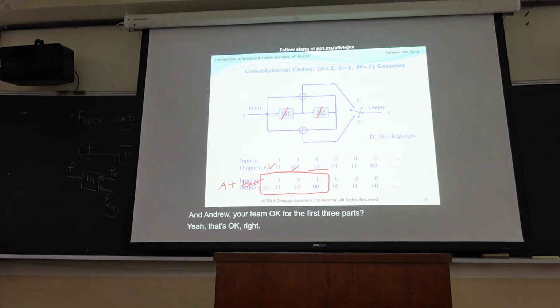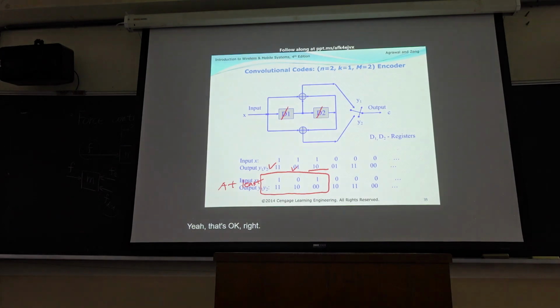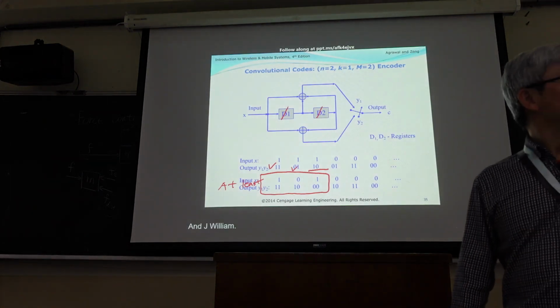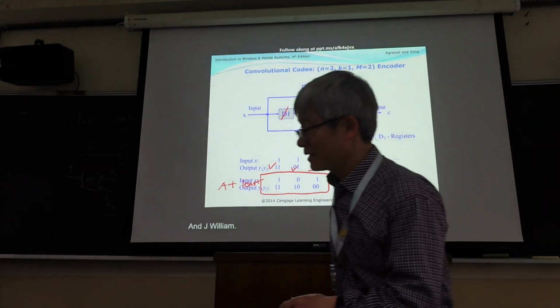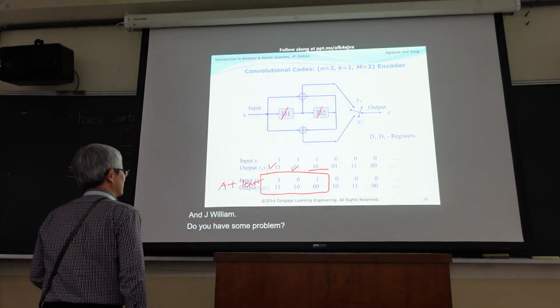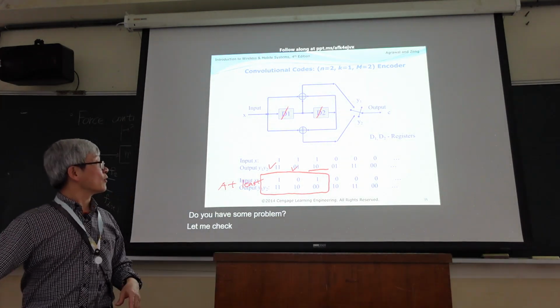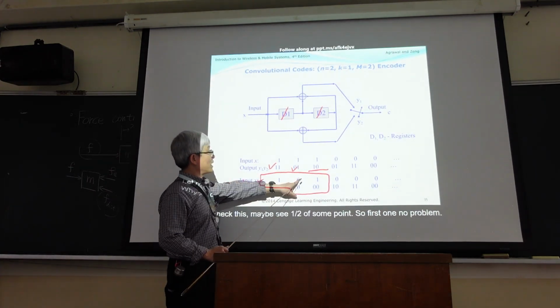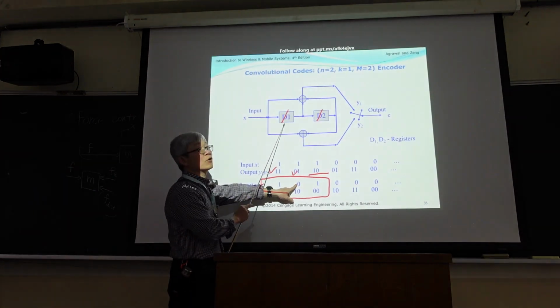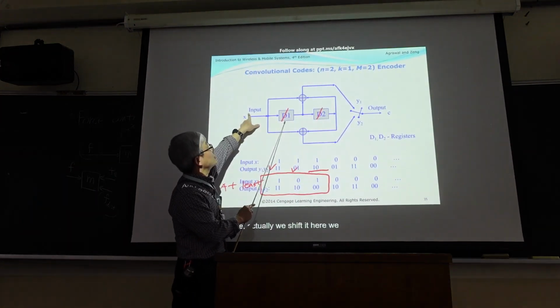Still have some problem? Let me check this. Maybe still have some problem. So the first one, no problem, right? And the second one, actually we shift. Here we have 1, but right now it's 0.